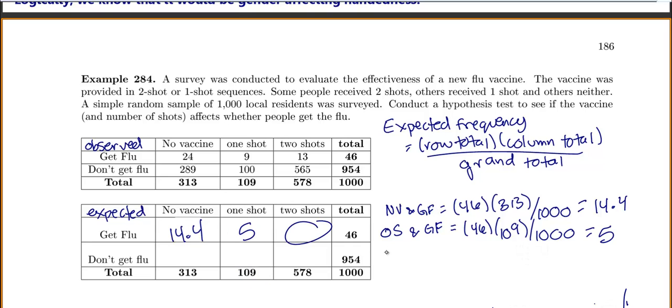And now let's do 2 shots and get flu. So that has a row total of 46 and a column total of 578 over 1,000. This is 26.6.